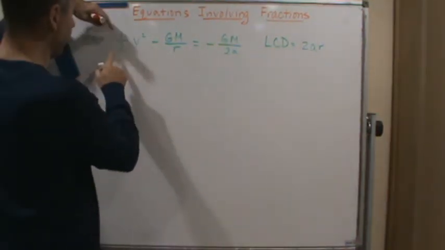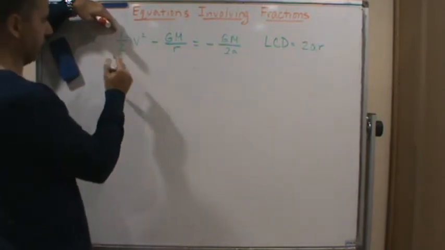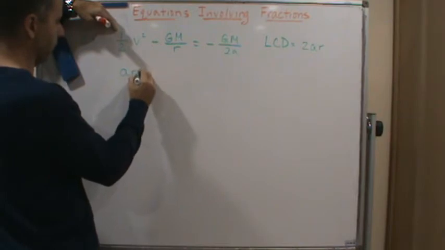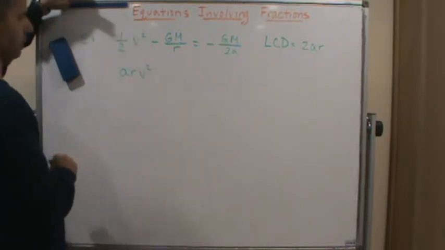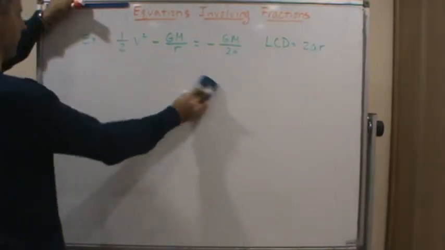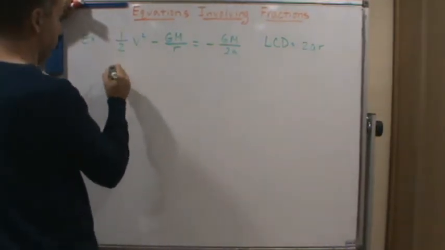Well, if we multiply this by 2AR, the 2's are going to cancel out. We get AR V squared, right? And again, let's do this step by step, just so, let's do one more step.